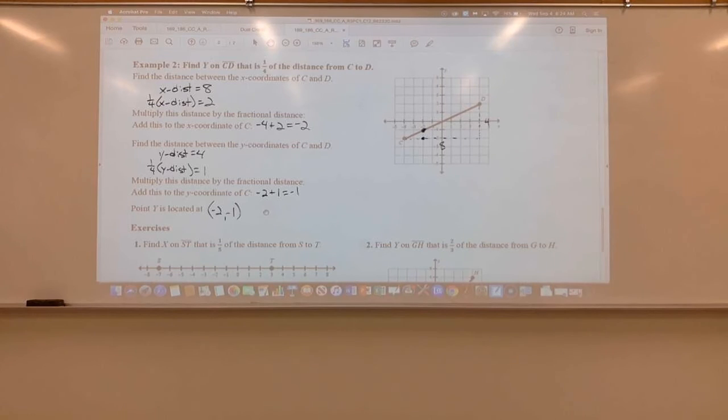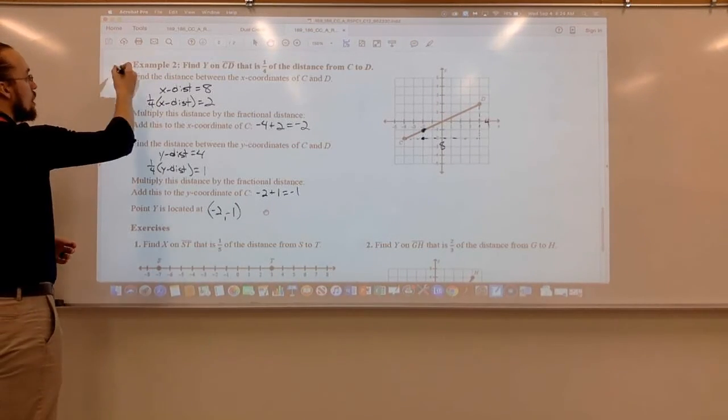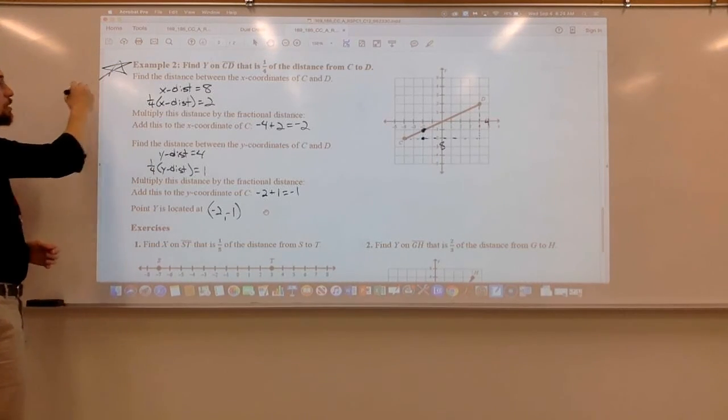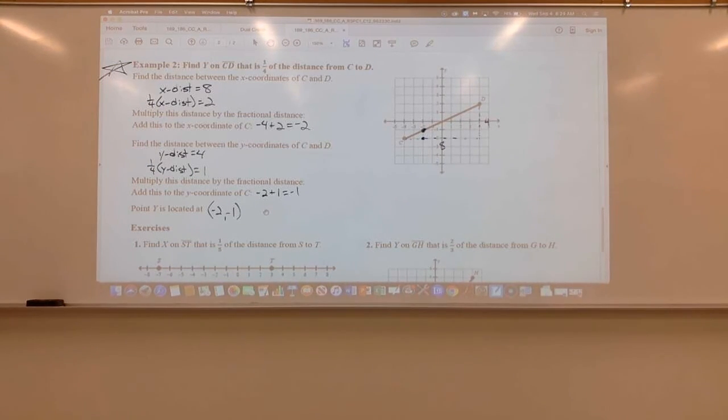You okay with that process? If you want, in your notes, I would star this example. We'll come back to it later because there is always one exam question just like this. So this is an important one to get the hang of. No questions?